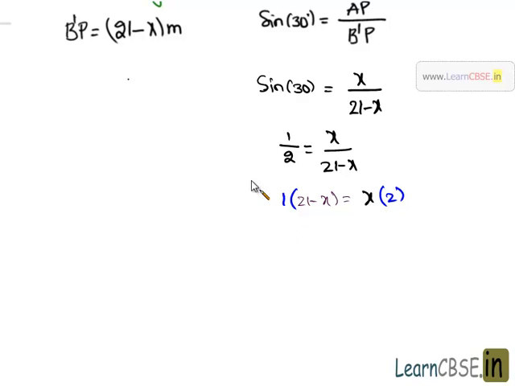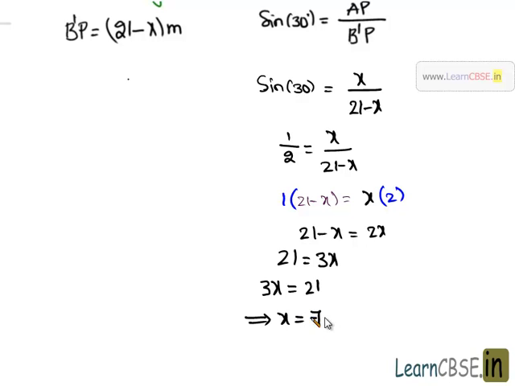That is, 21 minus x is 2x. By adding x on both sides, we get 21 is equal to x plus 2x, which gives us 3x. Rearranging, 3x is equal to 21. By dividing by the coefficient of x, that is 3, we get the value of x as 7.